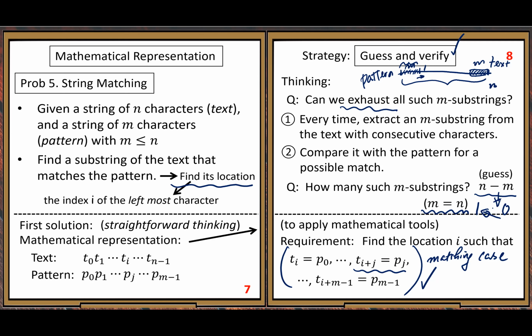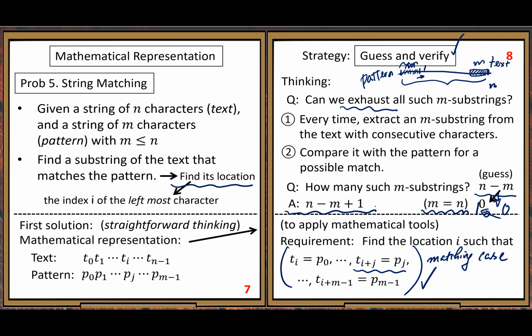So you need to do an adjustment. You need to add 1 on top of your guess to get the correct answer. The correct answer should be N minus M plus 1.